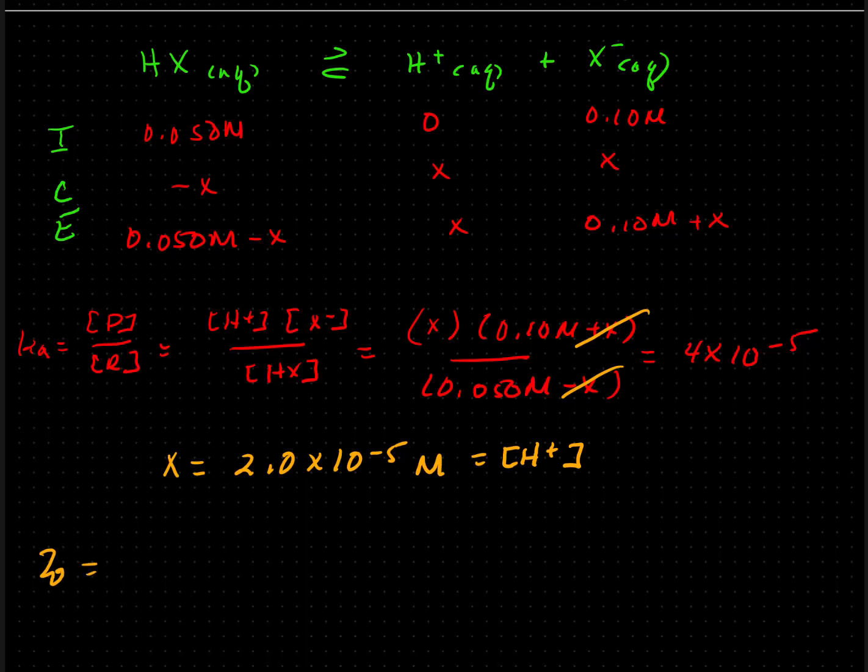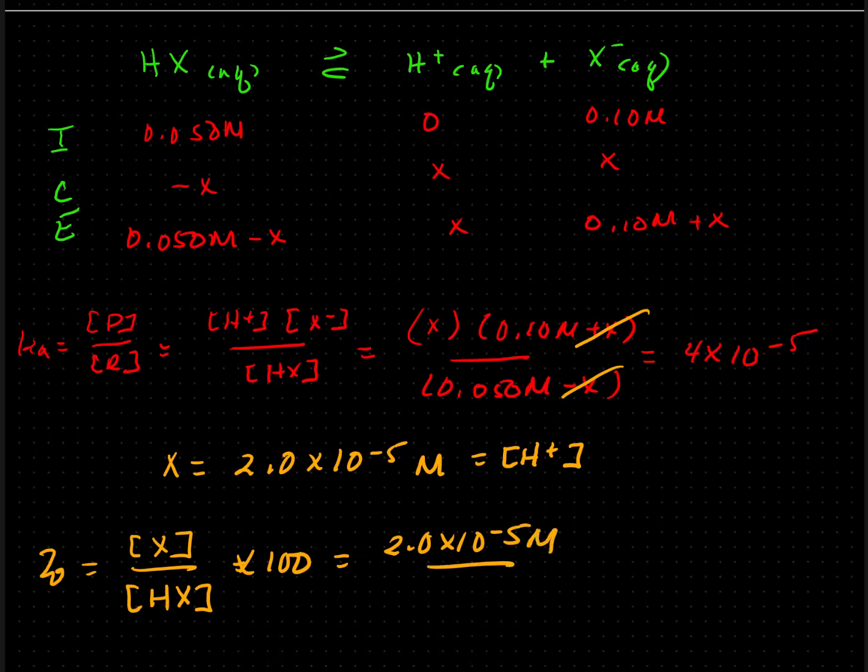Percent dissociation is x over [HX] times 100. This is 2.0 times 10 to the negative fifth molar divided by 0.050 molar times 100. This equals 0.04%. So the 5% rule is valid.